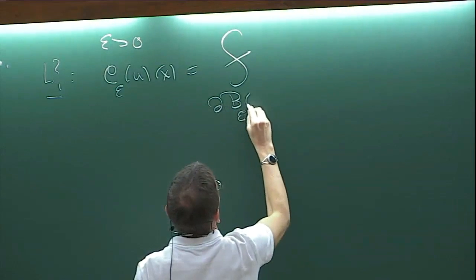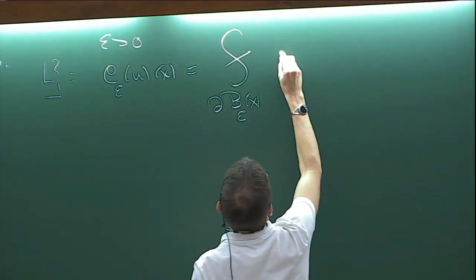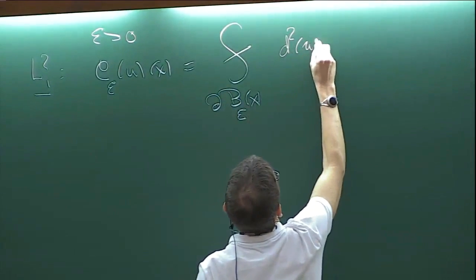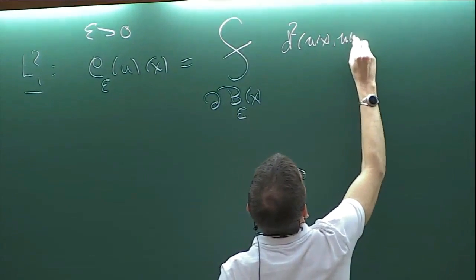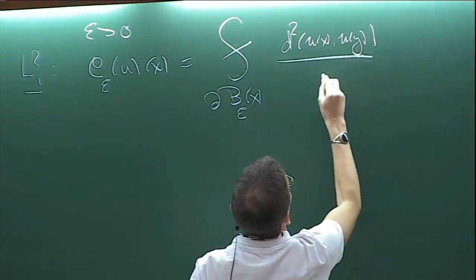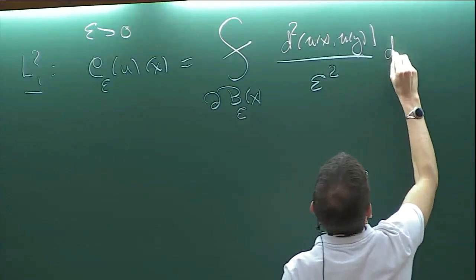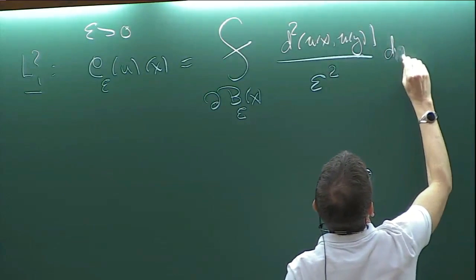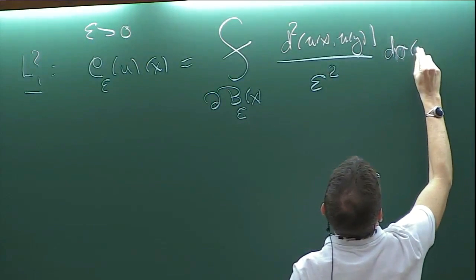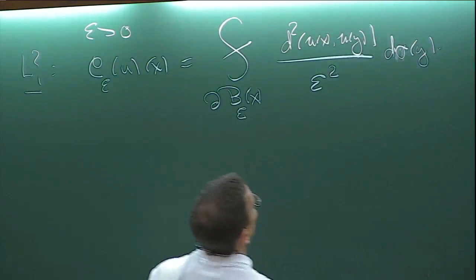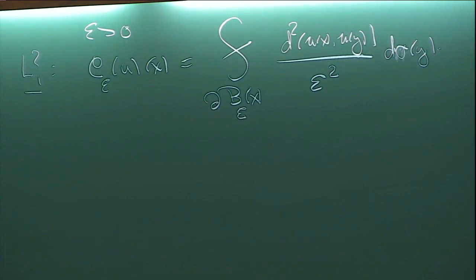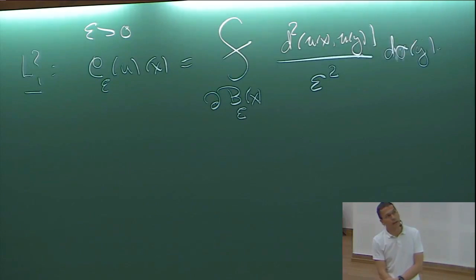Take the ball of radius epsilon around x, and then take an approximate derivative and integrate with respect to the surface area along y. So this is an approximate derivative integrated around the surface surrounding this point x.